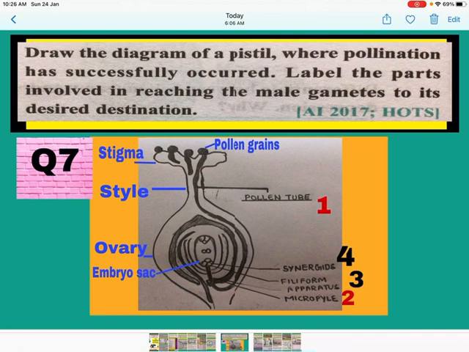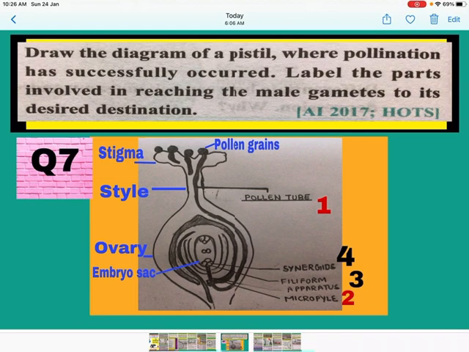Okay. Now, start with the pollen grain. Pollen tube formation takes place, which will carry two male gametes. So, label 1: pollen tube. Now, the pollen tube will enter into the ovule through the micropyle. So, label micropyle number 2.